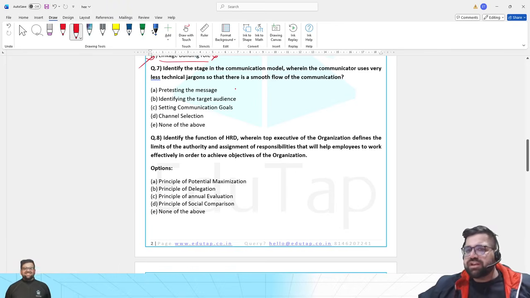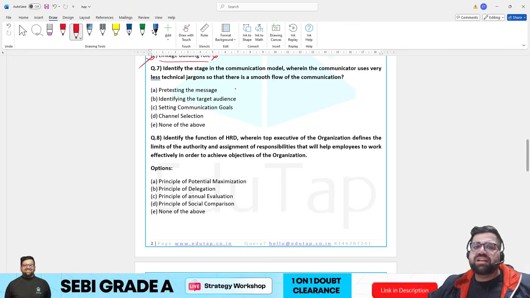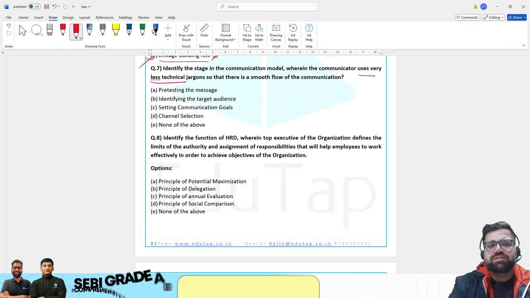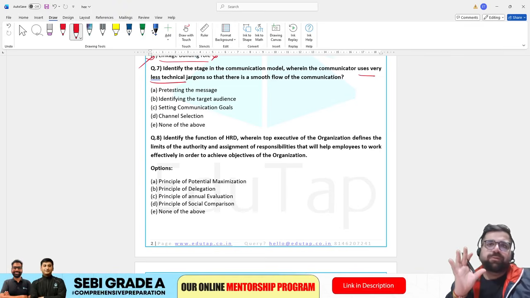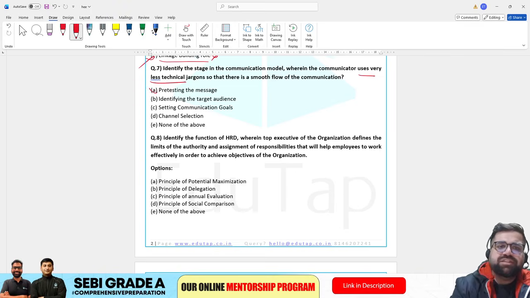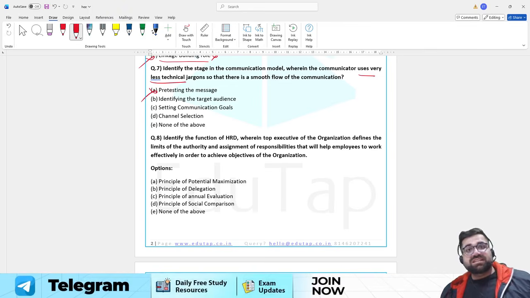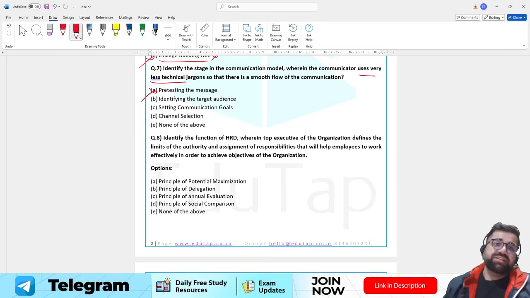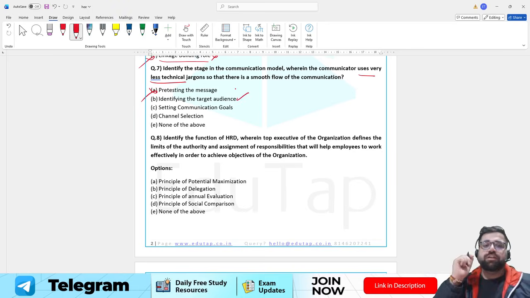Question number 7. Identify the stage in communication model where the communicator uses very less technical jargons so that there is smooth flow of communication. So it basically means that you have started to communicate. Presenting the message, no, because in presenting the message you are just deciding what your message will be. Identifying the target audience, yes, this looks correct to me, but I have to read further also.